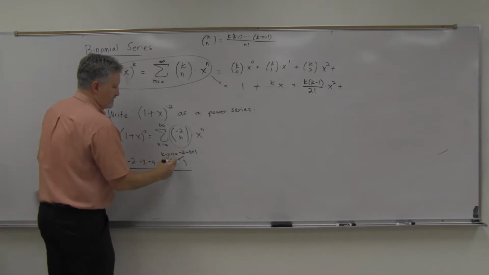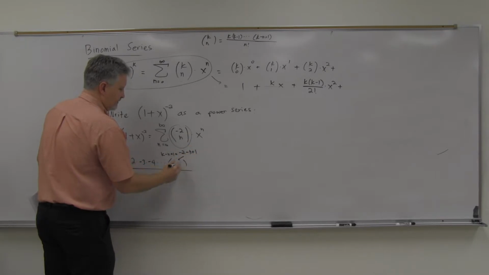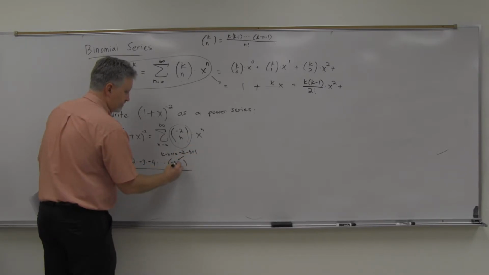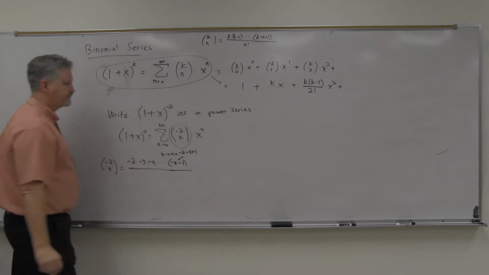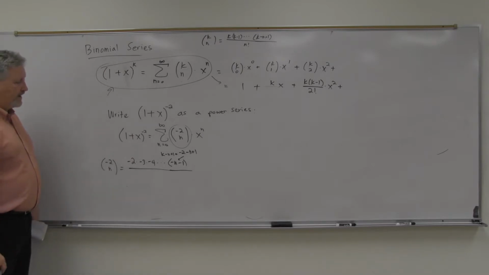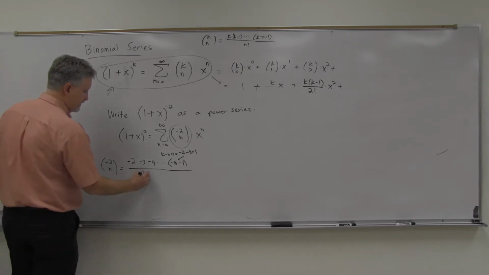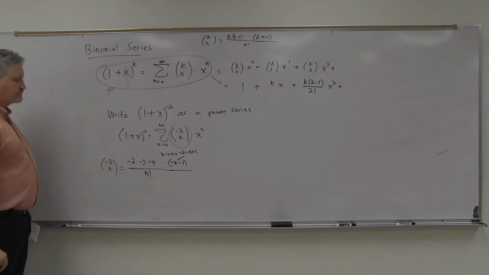It's k minus n plus 1, so it's negative 2 minus n plus 1, so it's negative n minus 1. All right? Over n factorial.